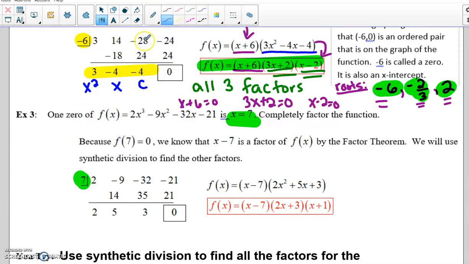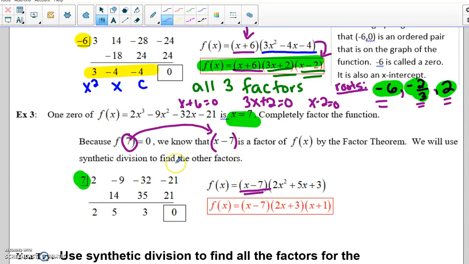What that means is you can use it in synthetic division and you won't have a remainder. Also, if they used a 7 as a root, you'd want to take it back to its factor form, right, where there's no equal sign, and take it back to the factor x minus 7.